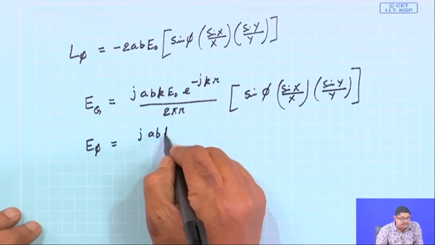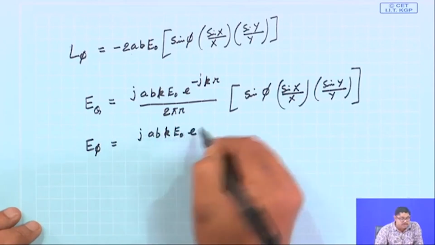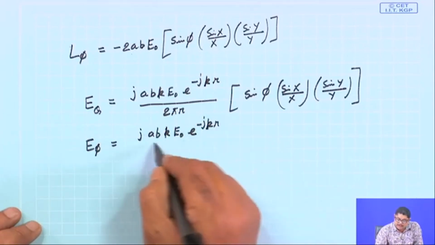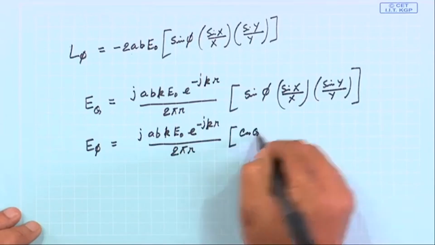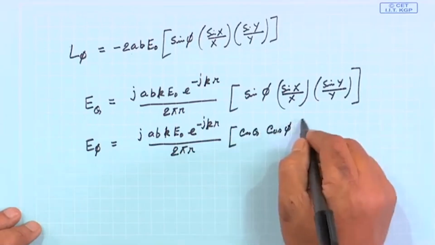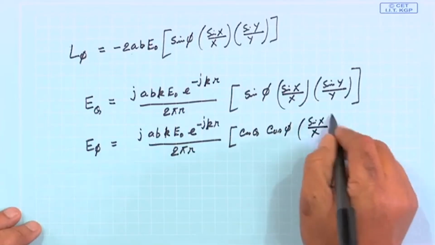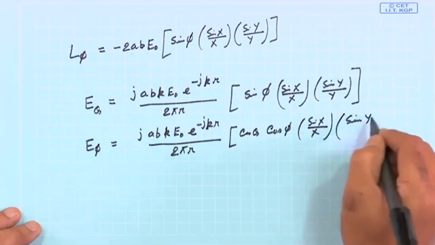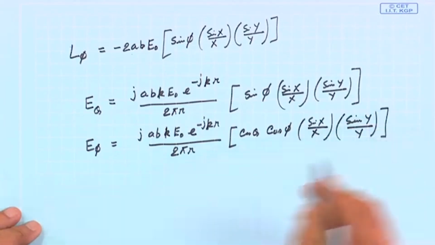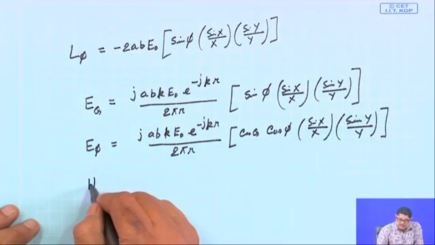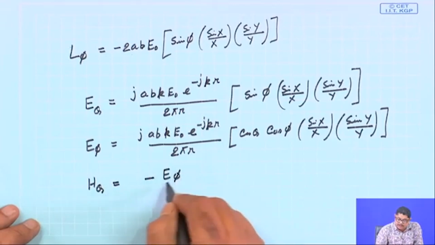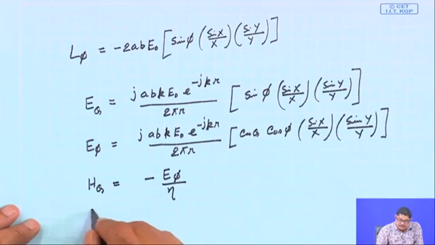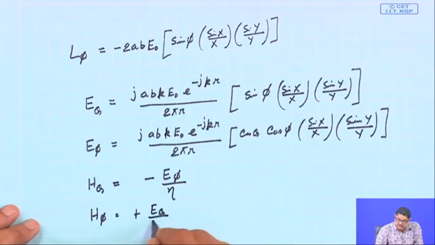So these are the far fields: E naught e to the power minus j k r by 2 pi r cos theta cos phi sin X by X sin Y by Y. Also, H theta will be minus E phi by eta, and H phi will be plus E theta by eta.